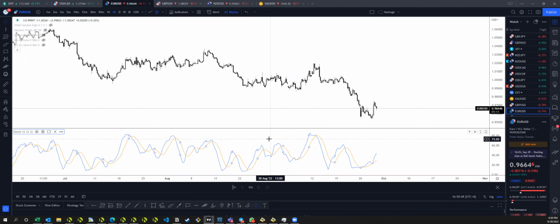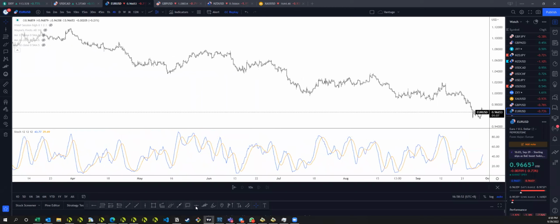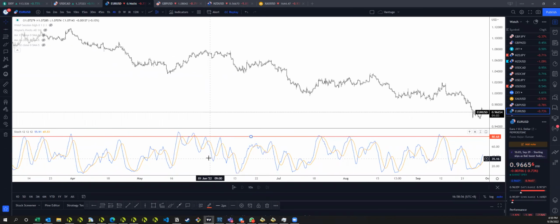Okay, so maybe I'll give you an example. If I were to mark out the 80 point here, you see the K value here. If you were to base off the K value, you would have sold this. But because of the smoothing of your K value, your orange line is below your 80 value.